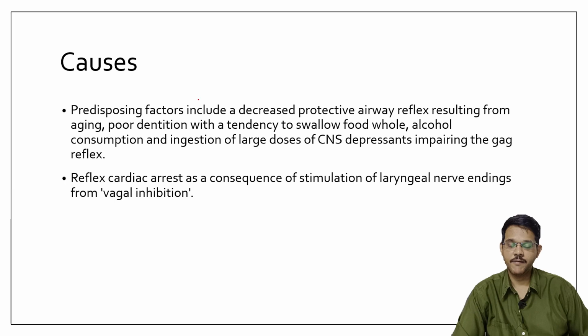Predisposing factors in café coronary are usually seen in a person where there is decreased protective airway reflex. Since we have a protective gag reflex which tries to remove any bolus, if that gag reflex is suppressed by any means, such as if the person is aged with poor dentition and tries to swallow food as it is, or there is ingestion of a large dose of antidepressant, or the person has consumed a lot of alcohol, then the food may get obstructed.